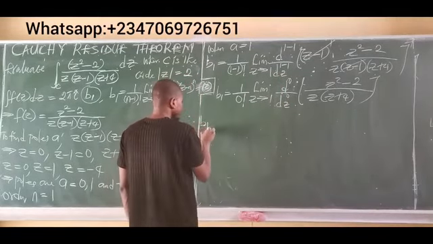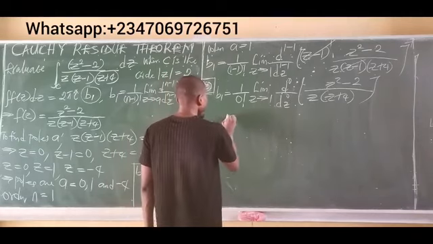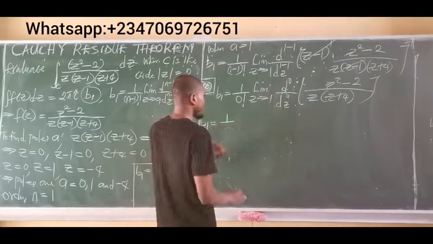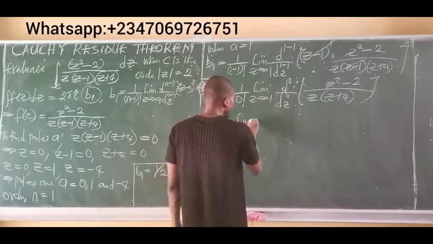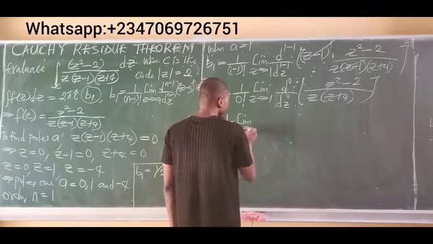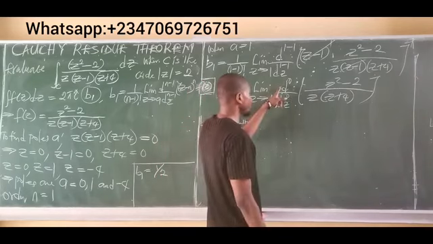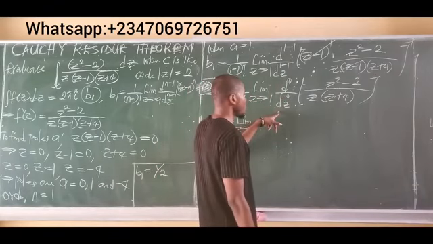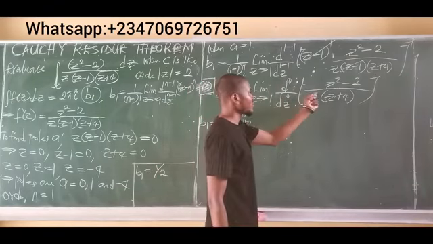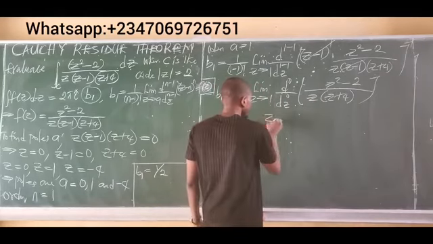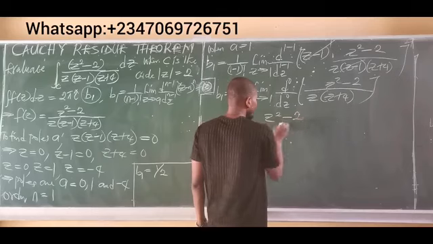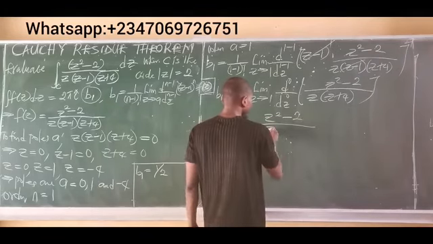So B1 is now equal to 1 divided by 0 factorial, which is 1, limit as z tends to 1, d to the power of 0 over dz to the power of 0 is also 1, 1 over 1 is 1, and everything here remains z squared minus 2 all over z into z plus 4.